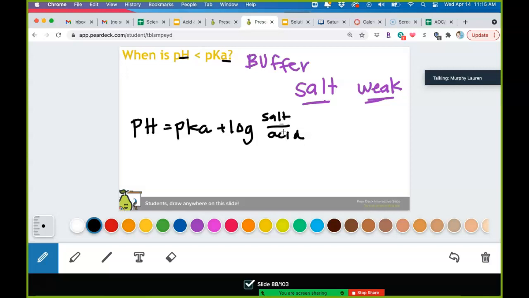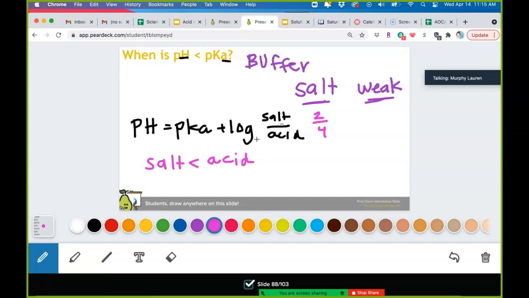So when you have the same amounts of salt and acid, conjugate and acid, pH equals pKa. Okay. However, if you plug fake numbers in, I want to have less salt concentration than I do acid. I'm just plugging fake numbers in there. Lower concentration, higher concentration. So right now, my salt is lower concentration than my acid.